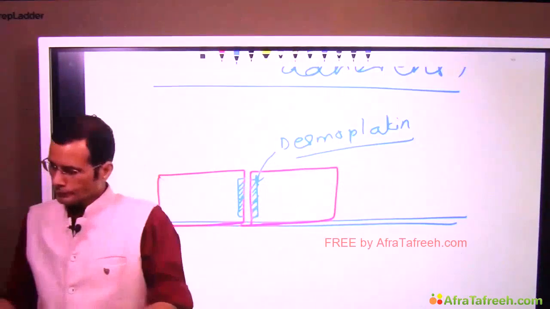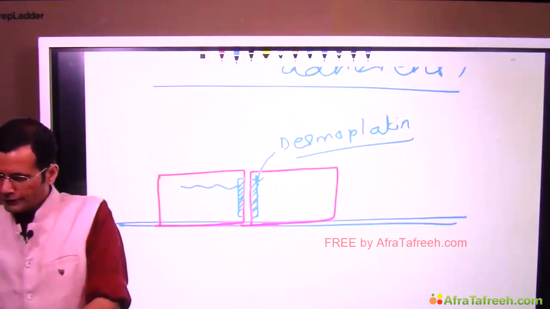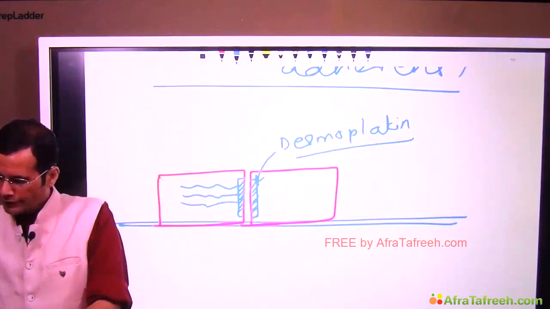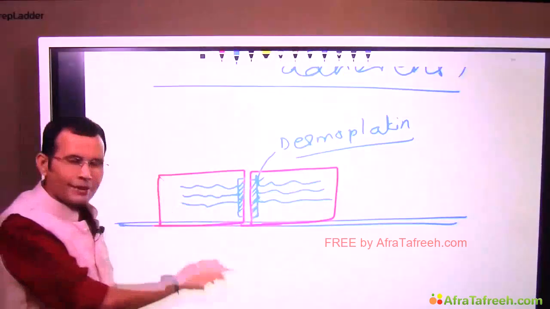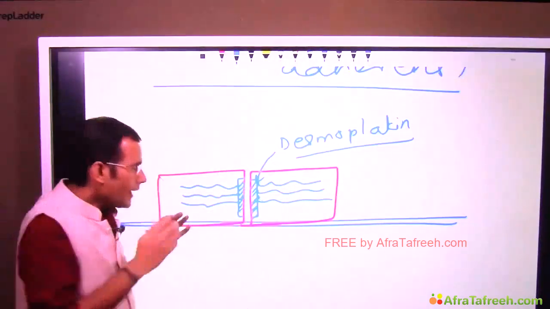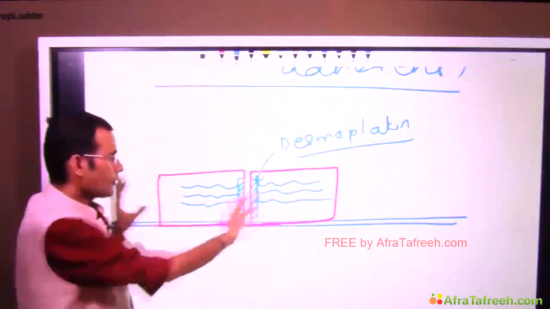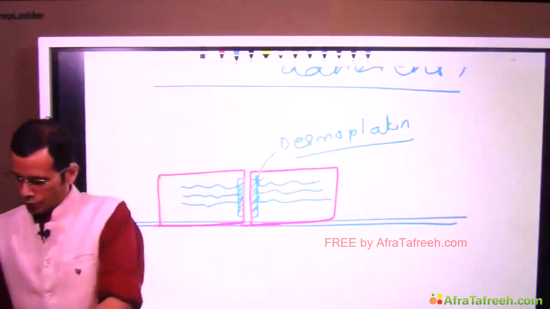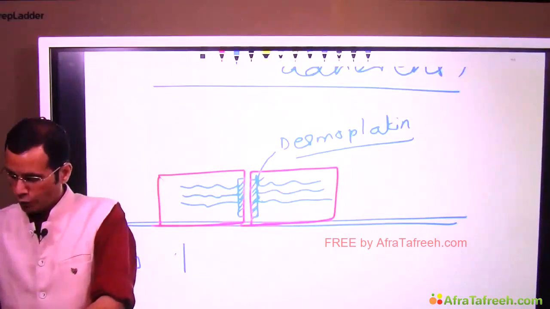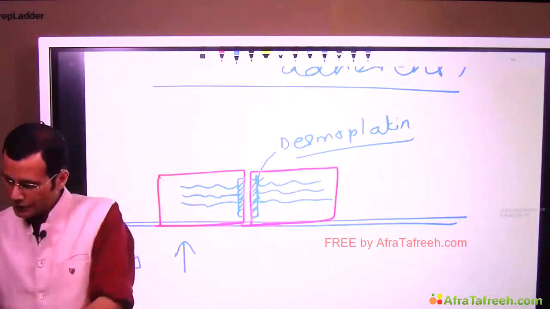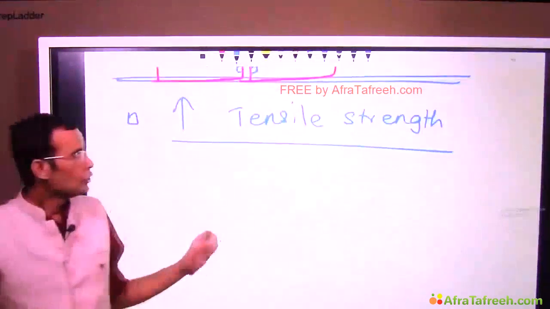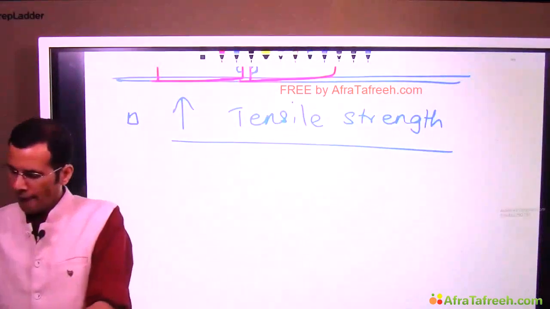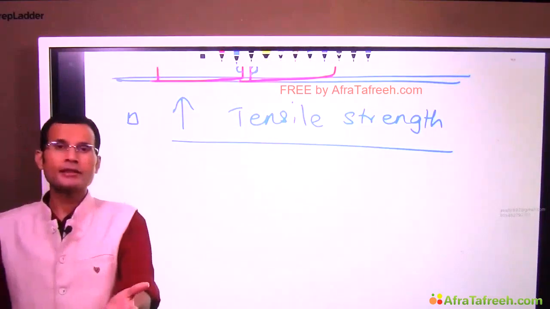Then fibrillar proteins extend on either cell. So this provides a lot of tensile strength to the entire sheet because of this kind of arrangement. So where do you find these junctions? Where the tissue has a high tensile strength. For example, you can guess it, skin.